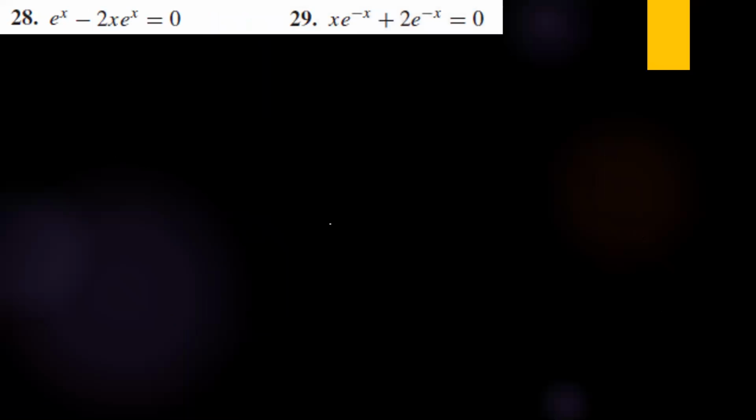Now, let's see these types of questions here. e to the power x minus 2x e to the power x equals 0.